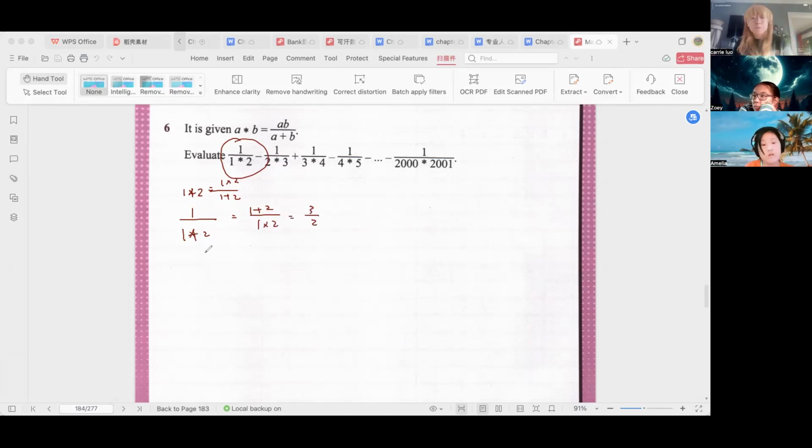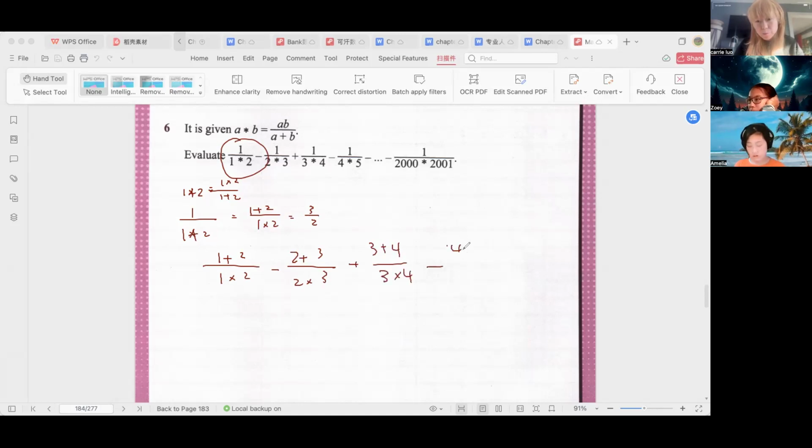Get it? So this one should be 1 plus 2 over 1 times 2 minus 2 plus 3 over 2 times 3 plus 3 plus 4 over 3 times 4 minus 4 plus 5 over 4 times 5. Understand? Okay, so this is how we do it for this question.